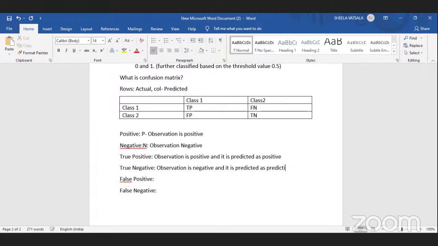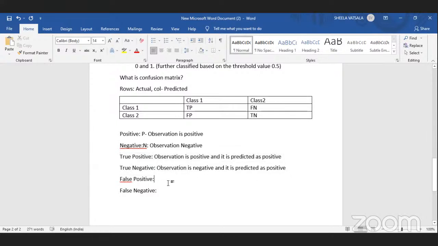This is what an ideal result should look like. When there is a positive result, it should be predicted as positive. And when there is a negative result, it should be predicted as negative. That is what achieving the goal is.